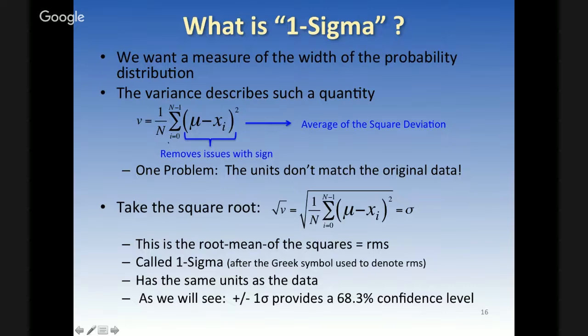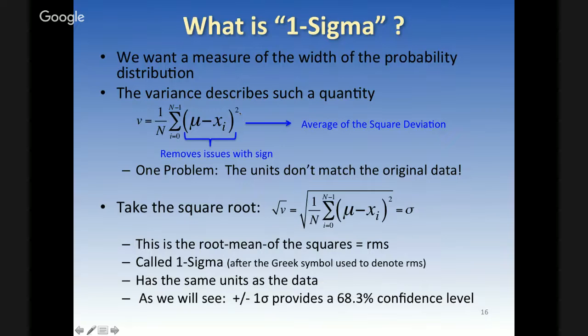And we'll just take the average of this thing, the square of the difference from the mean. This generates something we call the average of the square deviation, and we call this thing the variance.